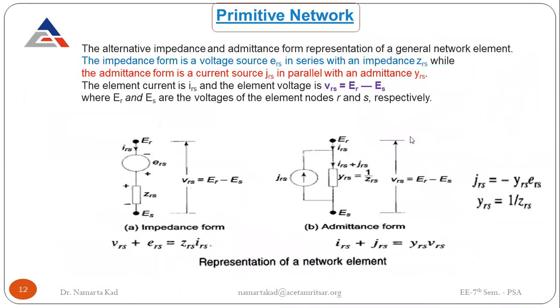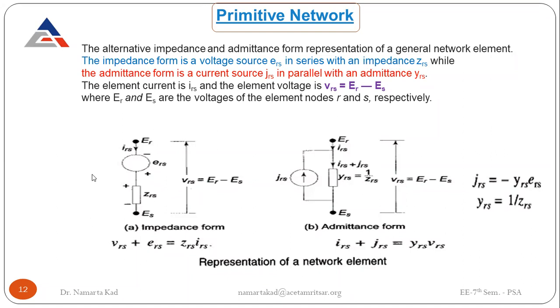Now next is the primitive network. Just a basic introduction to the primitive network. The alternative impedance and admittance forms represent a general network element. This is a general representation for any element or any source. The impedance form is a voltage source in series with an impedance.